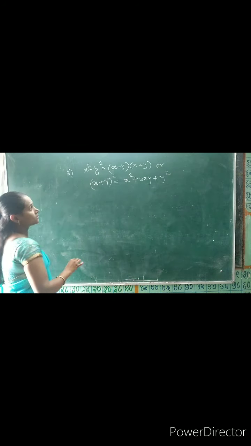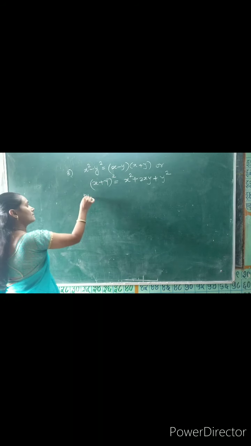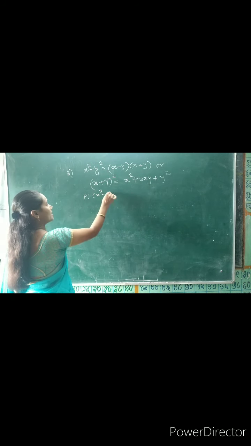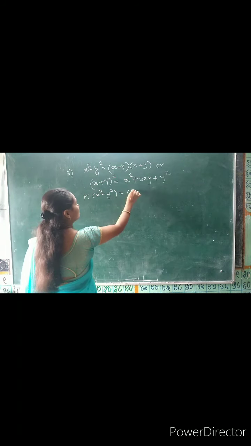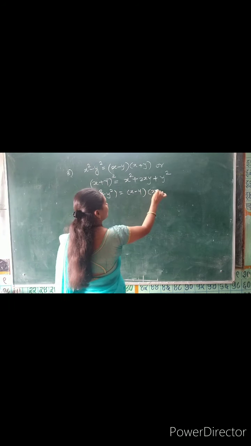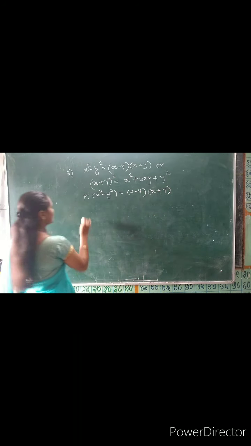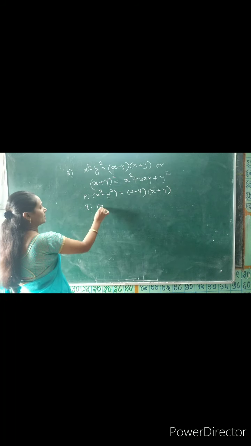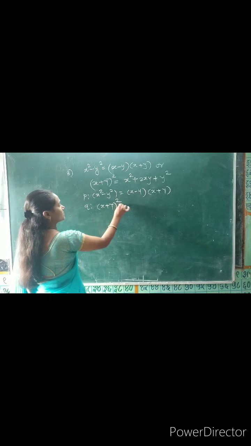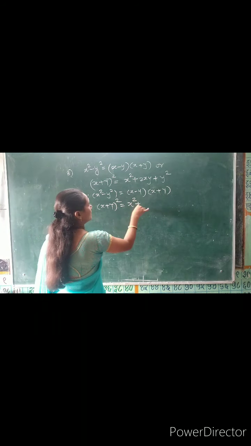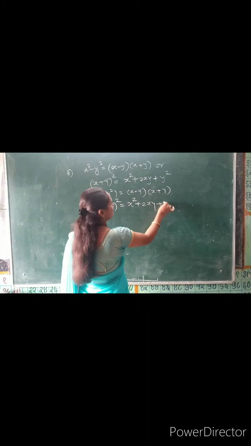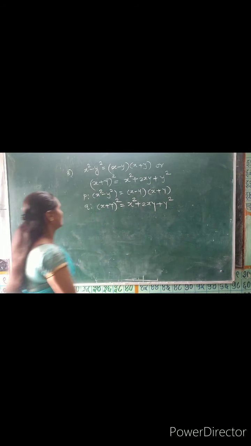So what is the first statement here? P statement is x square minus y square is equal to x minus y into x plus y, and Q statement is x plus y bracket square is equal to x square plus 2xy plus y square.